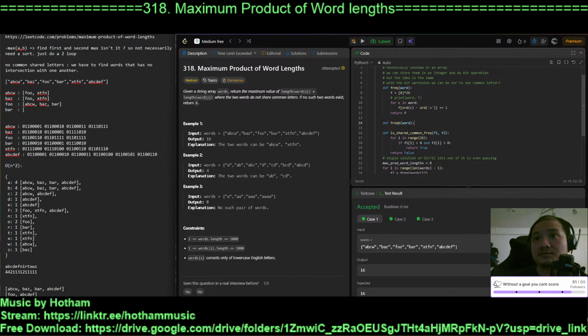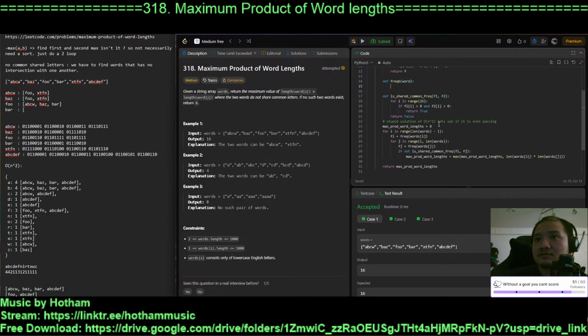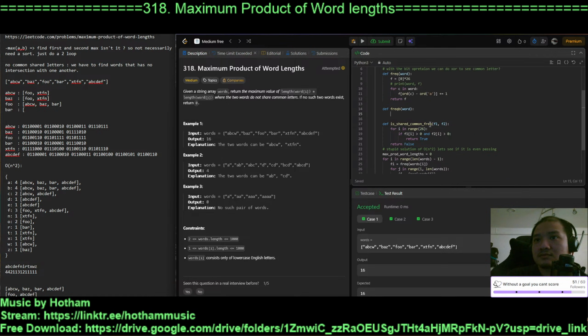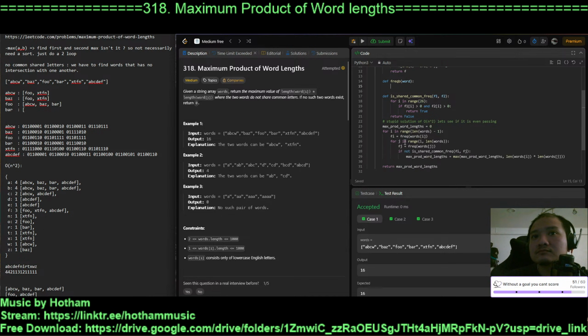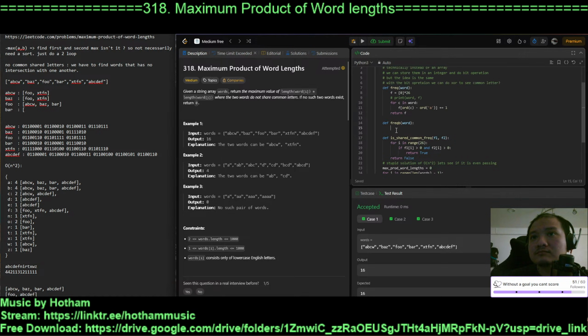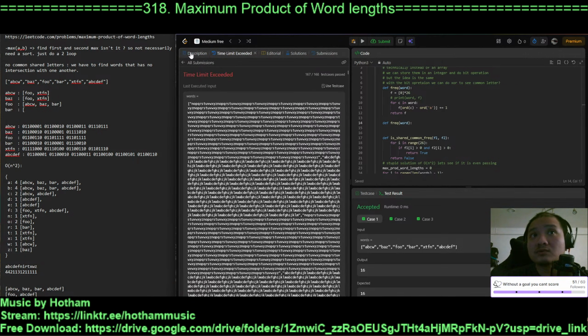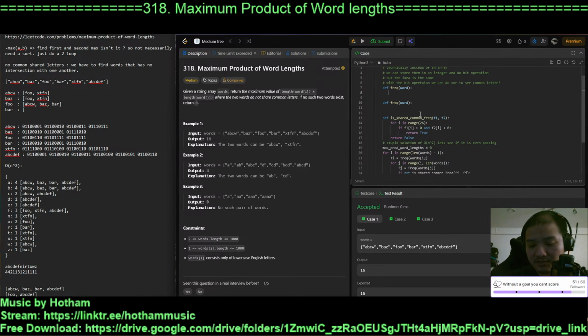Basically, let's rewrite our function to do this instead.